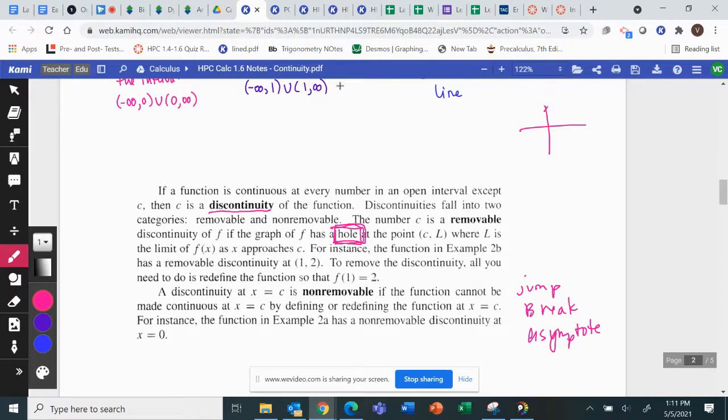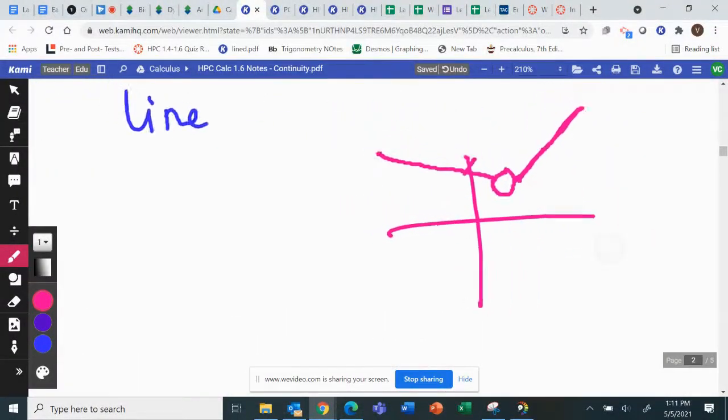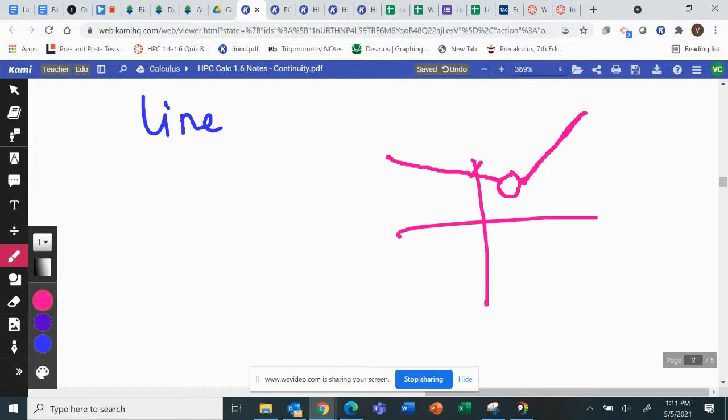Okay, so like, well, it depends. If it's like this, and we're approaching a hole like that, and they're approaching the same one, this would be removable.